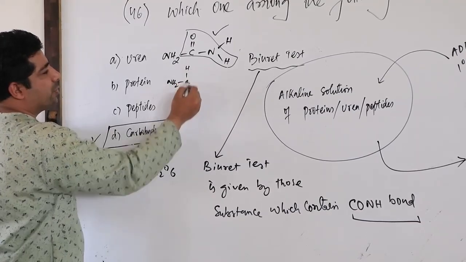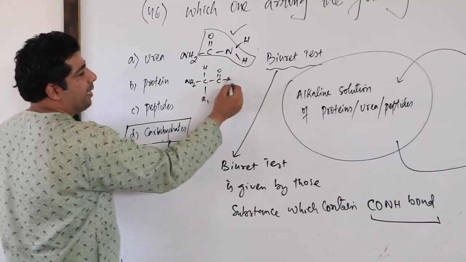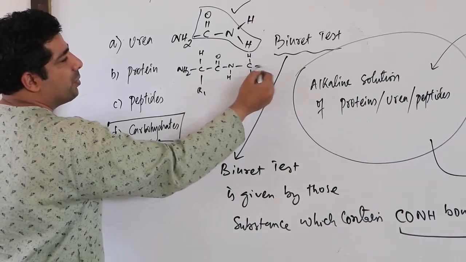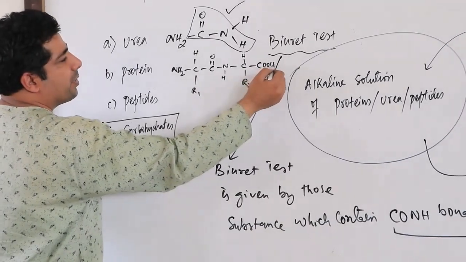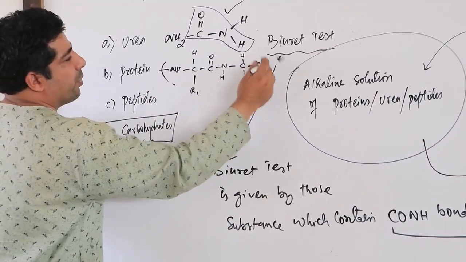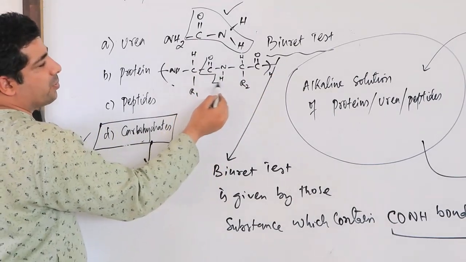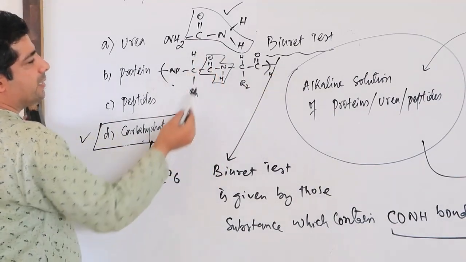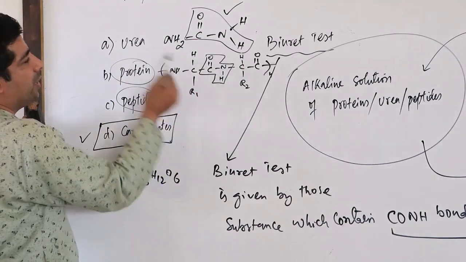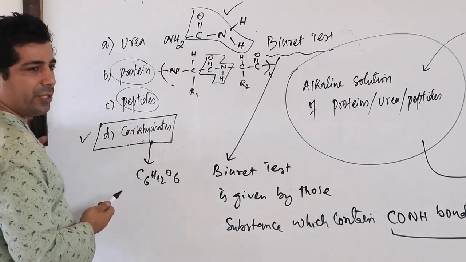NH2CH, then R1, then CONH, a peptide bond is there, H, R2, then COOH. This will go n times, this is the protein structure, and CONH is also present here. Same is the case in proteins and peptides, both contain CONH. Urea also contains CONH, but your carbohydrate does not have CONH, correct?